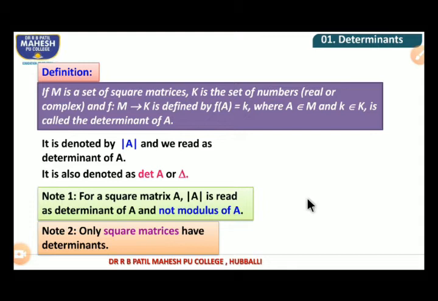We cannot define a determinant for matrices which are not square. Square matrices are always the ones associated with determinants, so here we consider only square matrices for determinants.